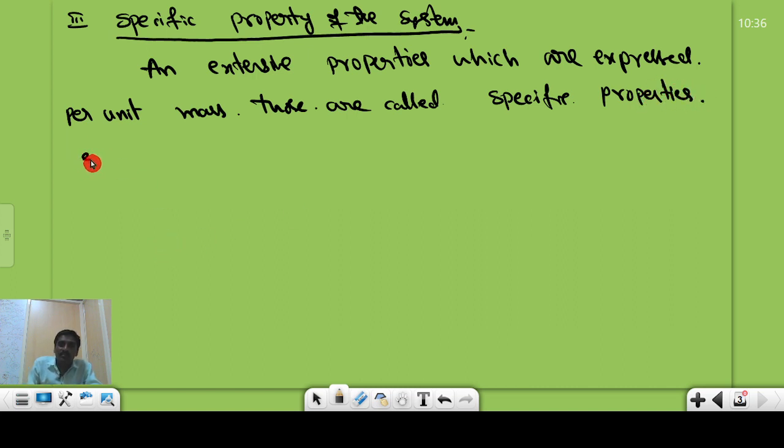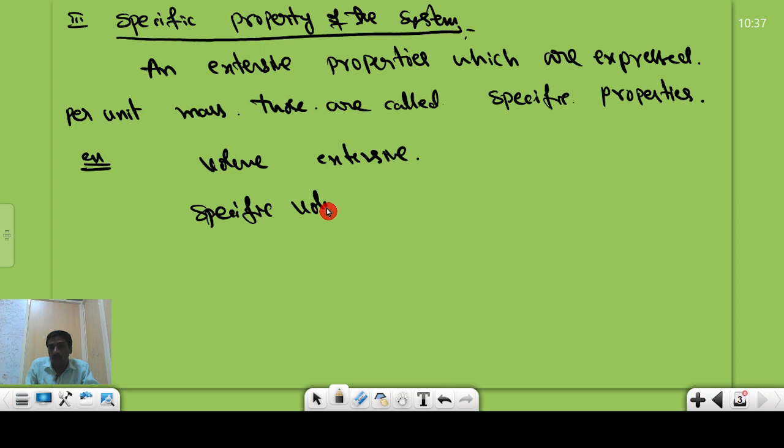Let me take one small example. The specific volume is derived from an extensive property. You know the volume is an extensive property. If the volume is expressed per unit mass, that volume is named specific volume.